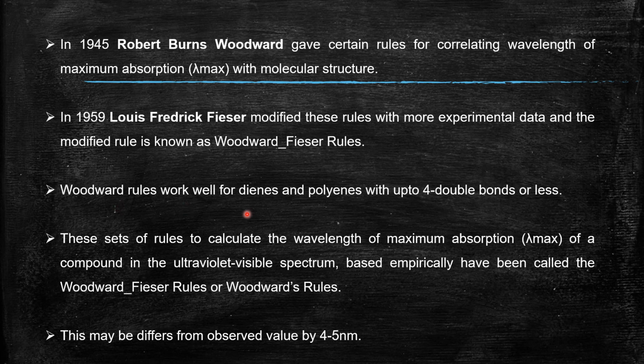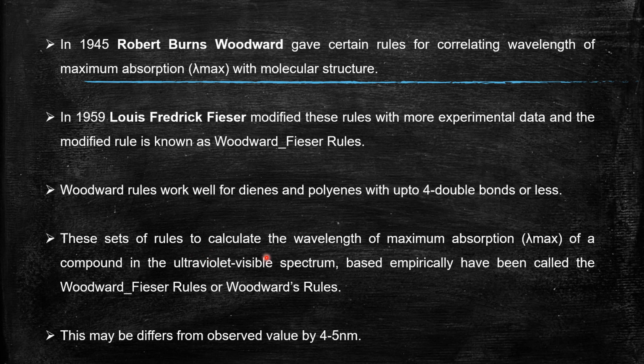These rules work well for dienes and polyenes with 4 double bonds or less.